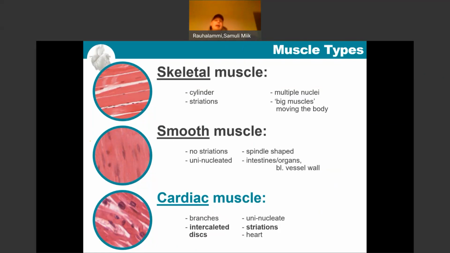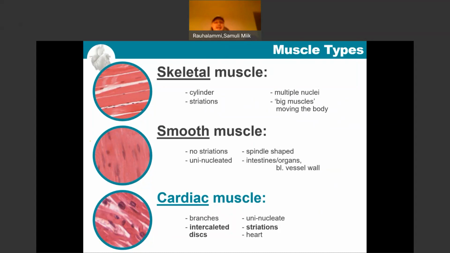The third type of muscle, which as well as smooth muscle is involuntary, is the cardiac muscle. We're going to see the cardiac muscle only in the heart. So you don't need to think about, oh, I'd like to have a heartbeat now, or wake up in the middle of the night and think, oh, I need a heartbeat.